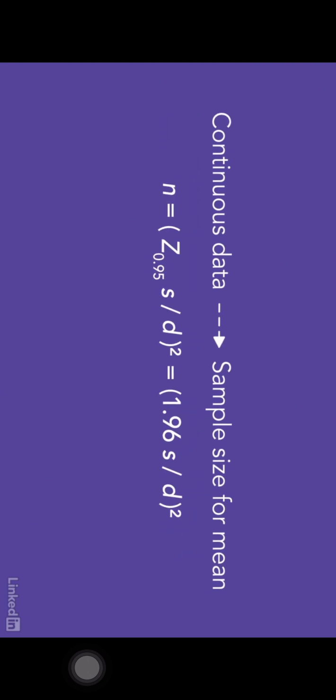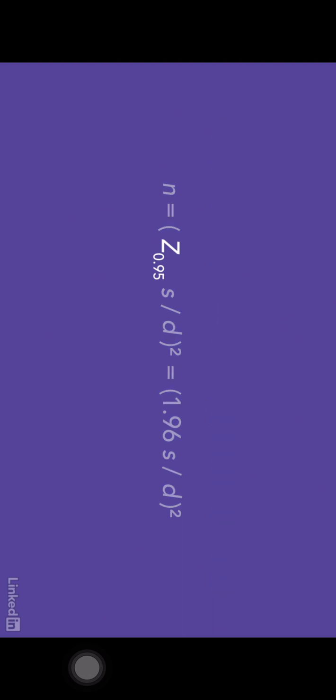Here is a sample size formula to estimate the mean with 95% confidence, where Z is from the normal distribution and 1.96 is the Z value for 95% confidence level, S is the standard deviation, and D is the precision. So, how precise do you want the estimate to be? If you want the estimate to be accurate within plus minus 5 minutes, then D should equal 5 minutes.